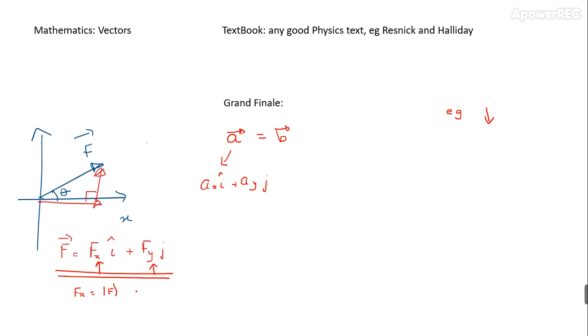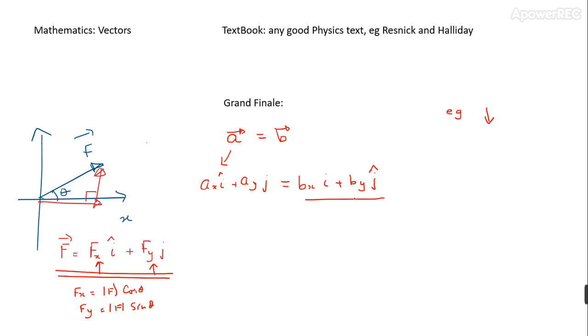In our example it was 5 into cos theta, and fy happens to be the length of f into sine theta. And therefore a can be broken up, and you can also break up b in similar fashion, bxi plus byj.